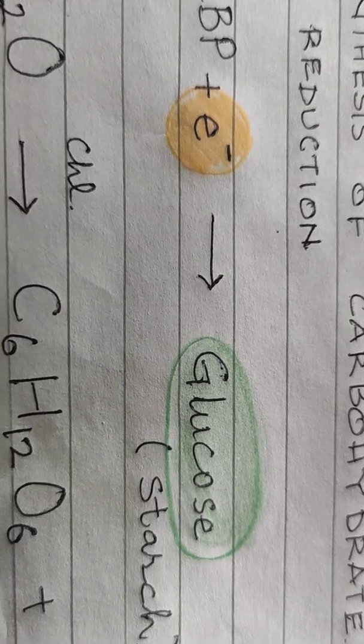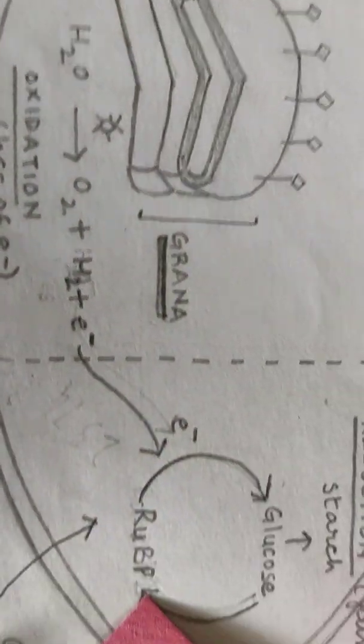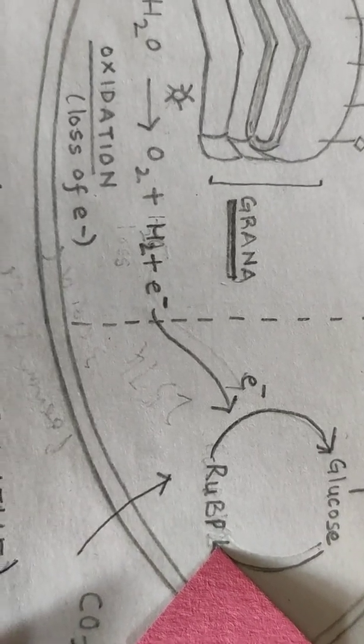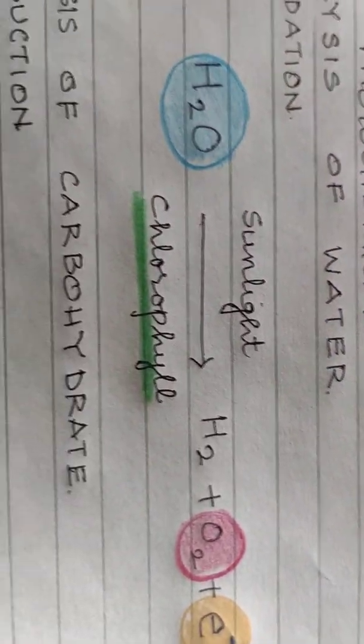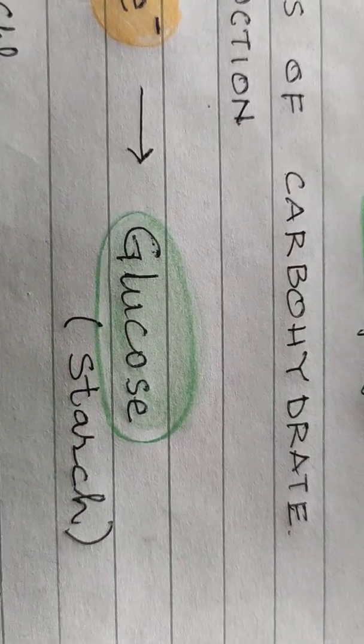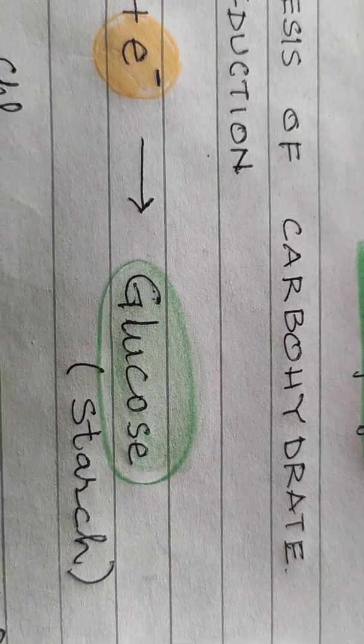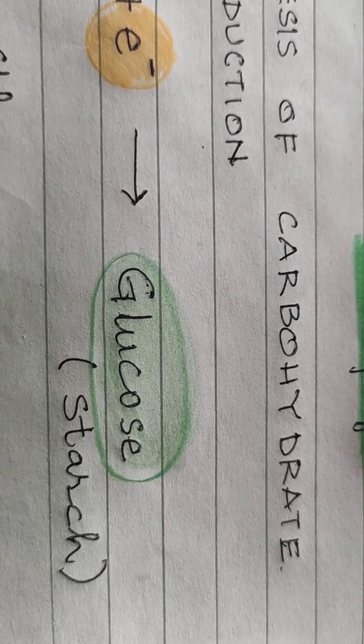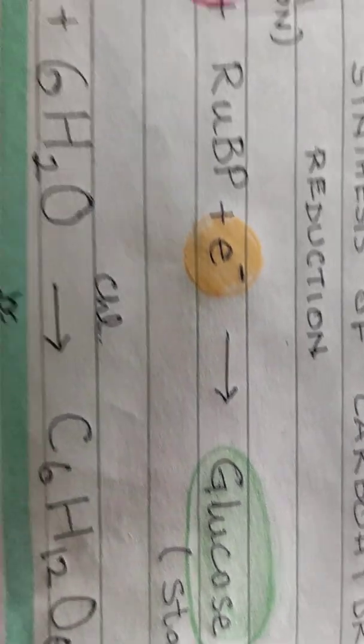This is a cyclic process. Some part of the glucose gets converted into starch as a reserve food, and some part of it is converted back to ribulose biphosphate. So the reserve food of the plant in the chloroplast is starch.